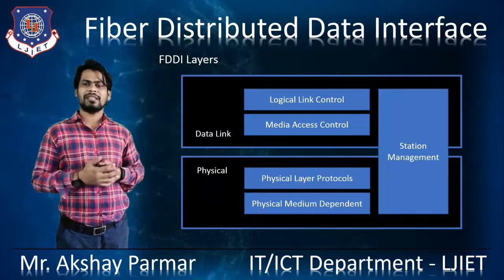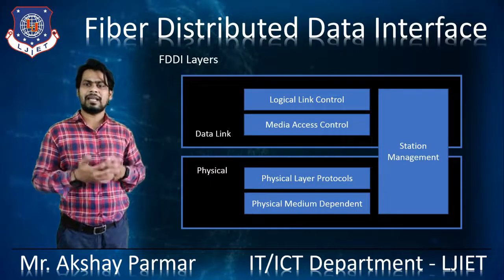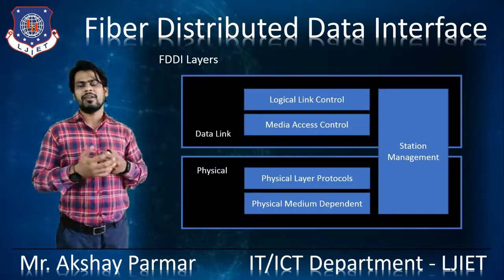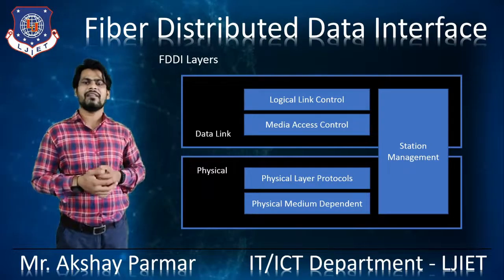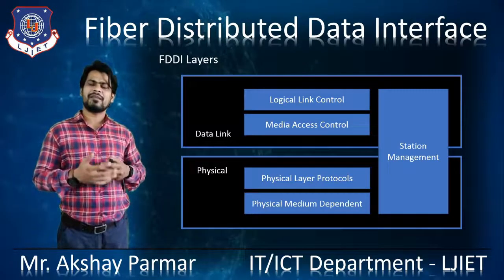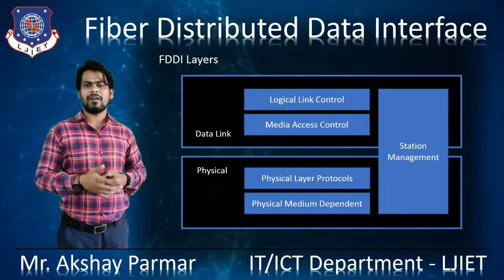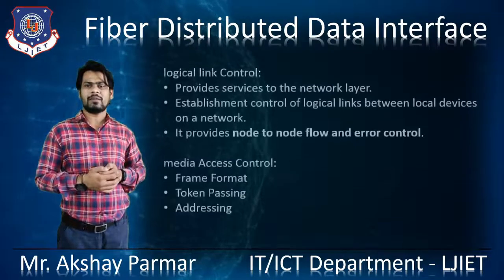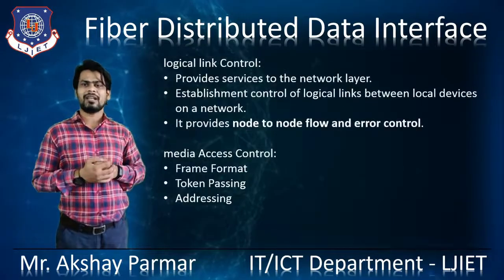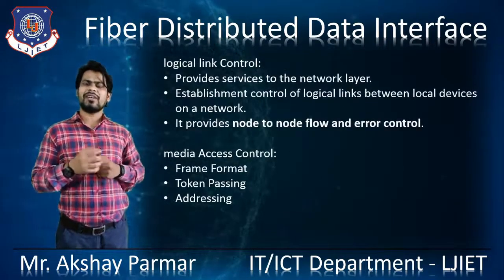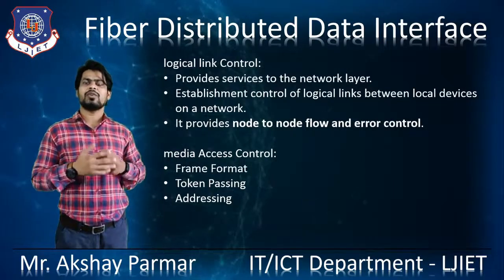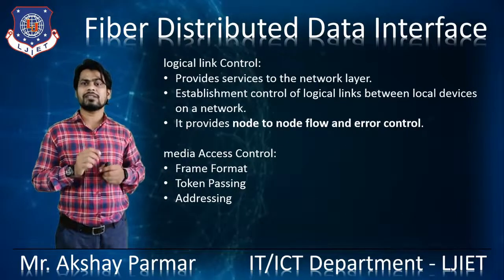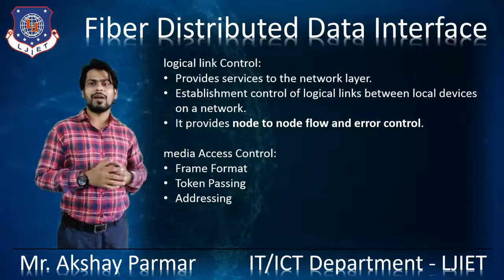Which things are in the data link layer? The logical link control and the media access control form the data link layer, and the physical layer protocol and the physical medium dependent fall under the physical layer. Let's discuss the layer formation in brief. The logical link control provides service to the network layer.